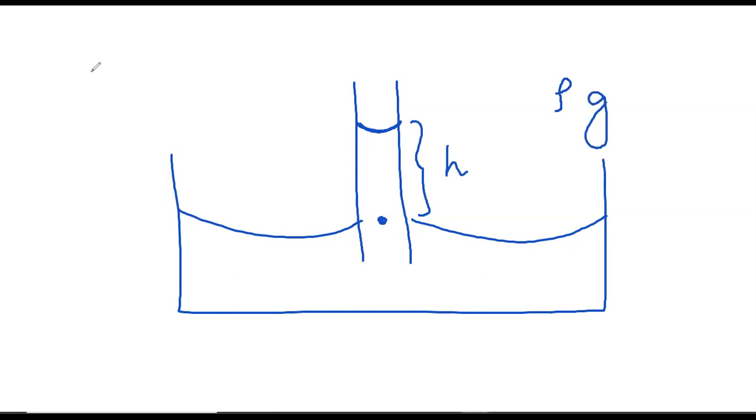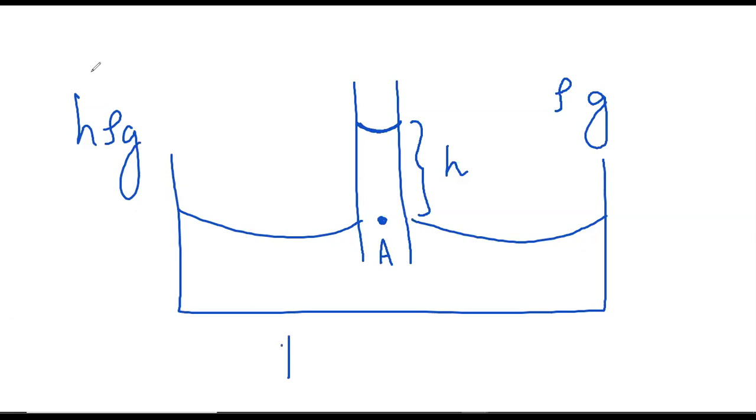By Pascal's law, what will be the pressure at that particular point? Let's assume this point is A. What will be the pressure at that point? The pressure will be h rho g. This also we have done in the classes where we discussed Pascal's law. So this height that it rises to will increase the pressure at that point to h rho g.